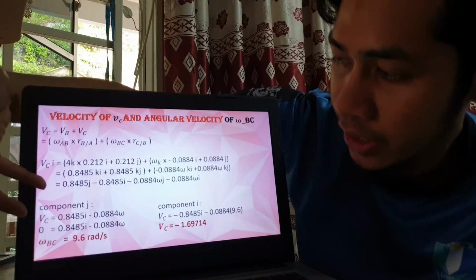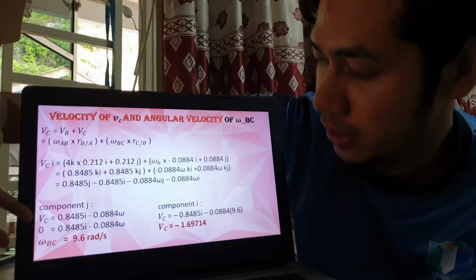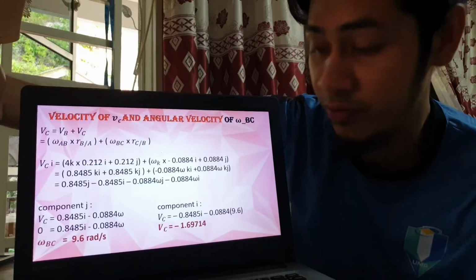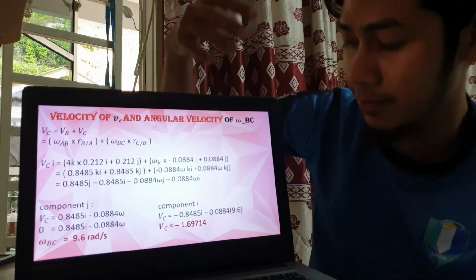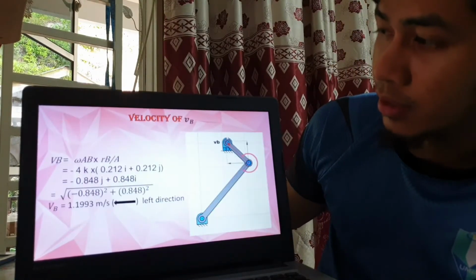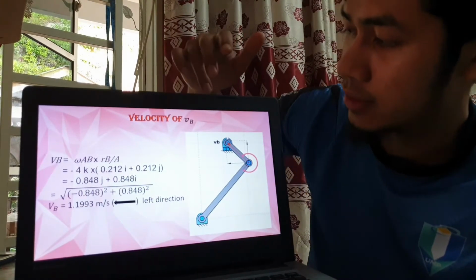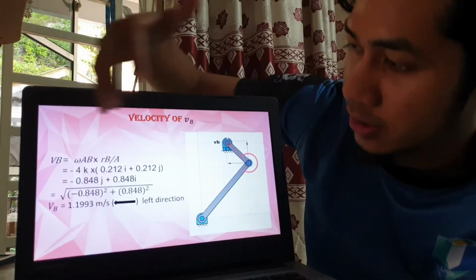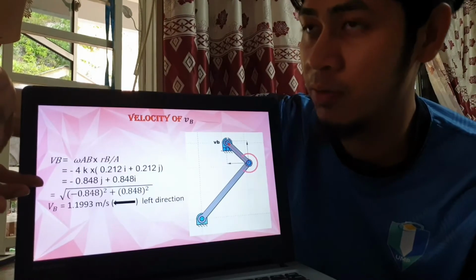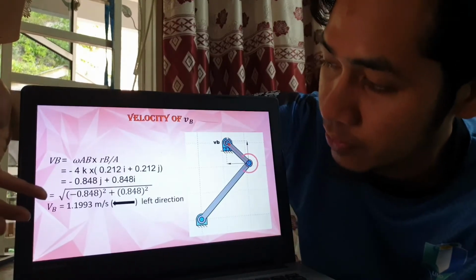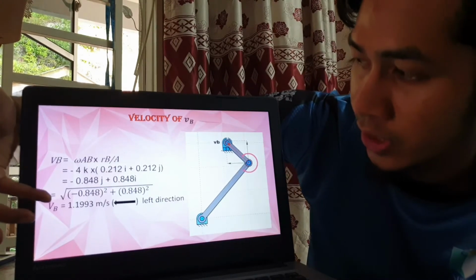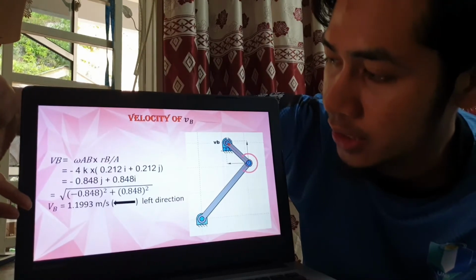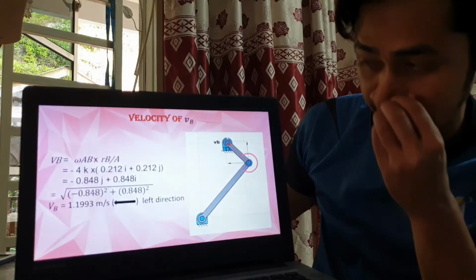We take the component J to get the angular velocity of BC, and for the component I, we get the answer for the velocity at point C. This is the velocity at point B, where the result comes from the magnitude with components i and j. VB is 1.1993 meters per second.